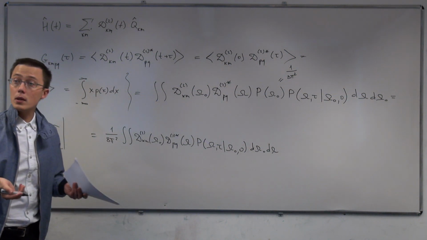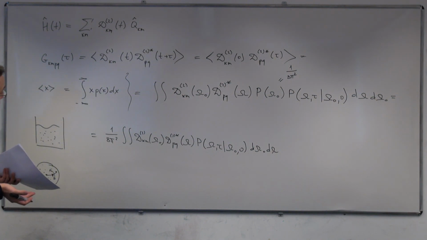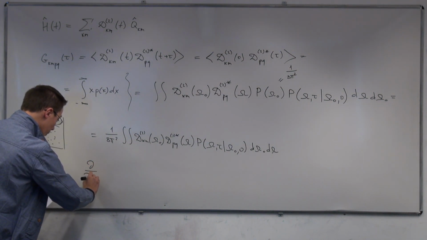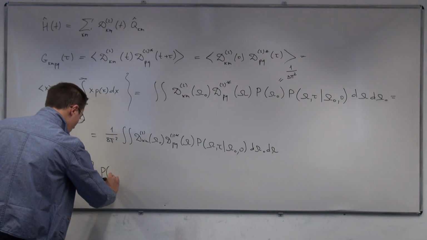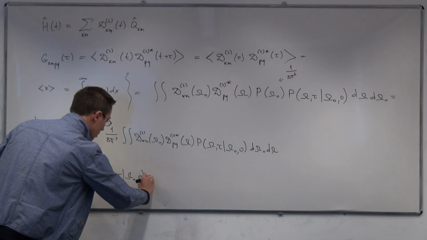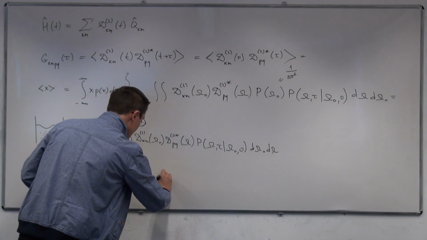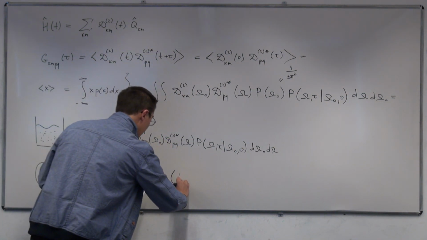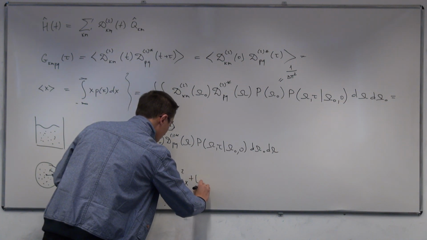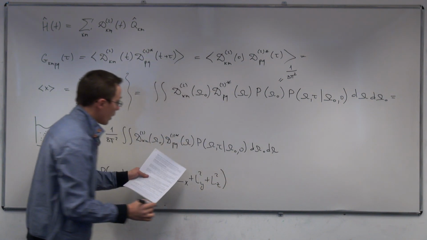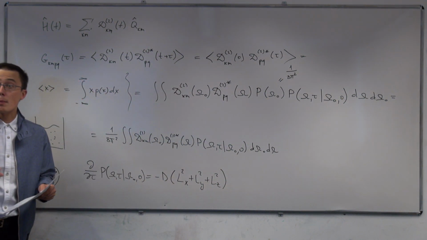We could have derived it, but it's a bit of a long story, we don't have the time. So we just look it up in a textbook, and the textbook says d by d tau of p of omega and tau, having been at omega naught at time 0, is minus D, the rotational diffusion constant, times Lx squared plus Ly squared plus Lz squared, where Lx, Ly, and Lz are the angular momentum operators.